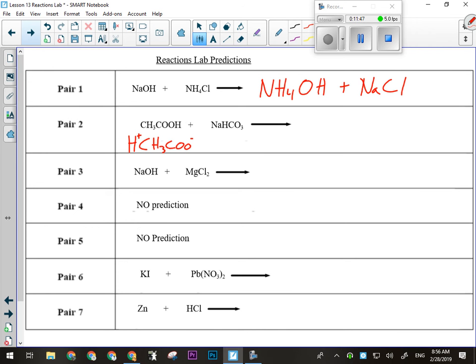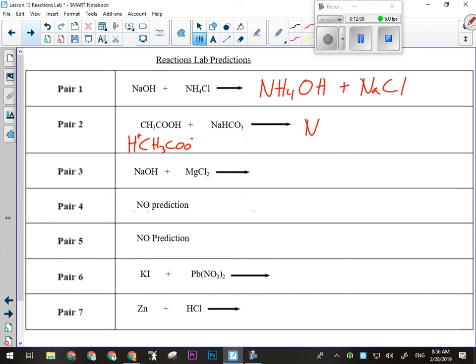And it's reacting with sodium hydrogen carbonate, which is more commonly known as baking soda. You've done this reaction a million times. You know what's going to happen, right? But it should be a double replacement reaction. This is an ionic compound with hydrogen acting as the metal, and this is an ionic compound with sodium acting as the metal.